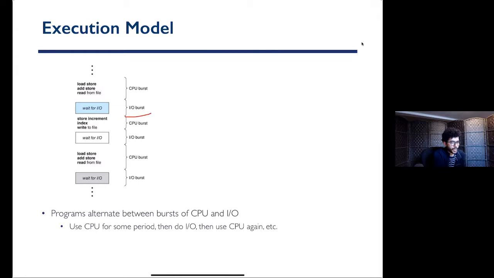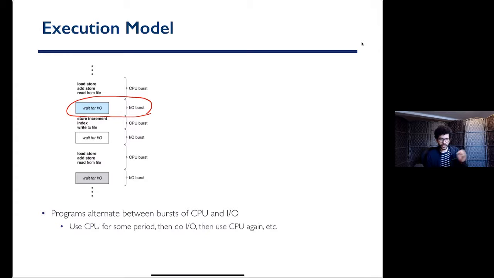Now we're going to call it an I/O burst. You can call it whatever you want, but this is a time where you don't need CPU. Either you're waiting for your I/O request to finish, or maybe you're waiting for a mutex to be released, or whatever reason that you don't need CPU anymore.